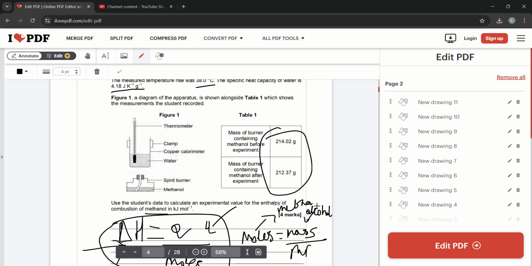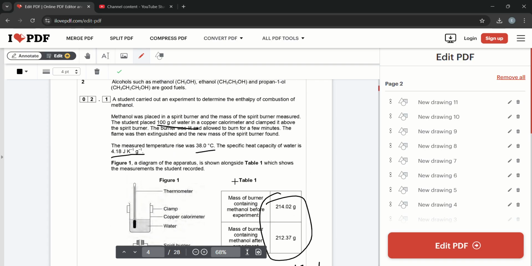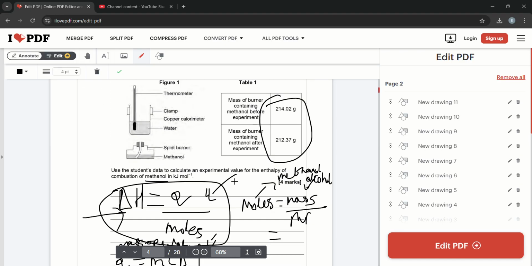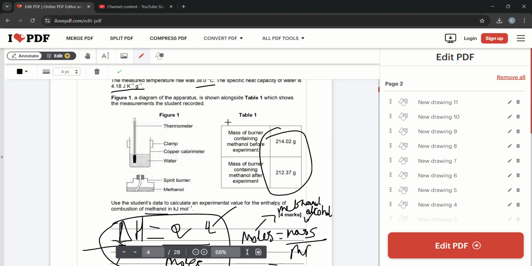You can say alcohol, but just apply it to the question: moles of methanol. It's going to be the mass of methanol, which is just going to be these two subtracted. So the mass of methanol is going to be 214.02 minus 212.37, which will give me 1.65 grams.